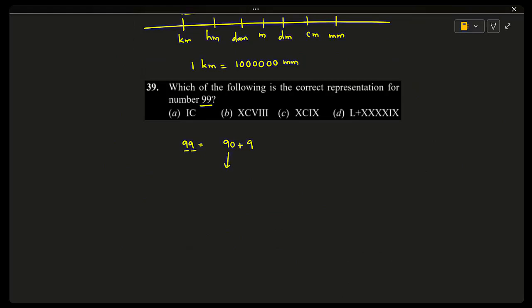For 90, write the Roman numeral: XC, 100 minus 10 is 90. And 9 is IX. So XC, IX is the correct answer C. Some people think IC is correct, 100 minus 1 is 99, but it is actually wrong. Why? Because we have a rule: I can be subtracted only from two letters, V and X. It cannot be subtracted from C. So the option is C.